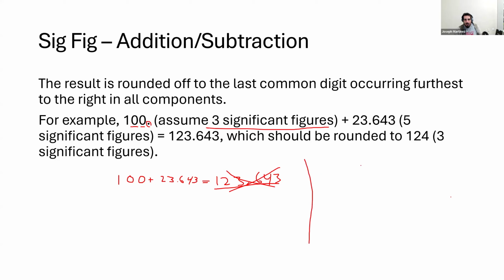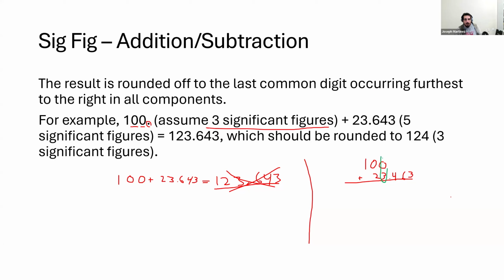Well, with addition and subtraction, we'll take that 100. And what we'll do is we'll add to it the 23.463. And when we take these two values and add them together, we're going to look at the digit that is the last common digit, right? And what is the last common digit?